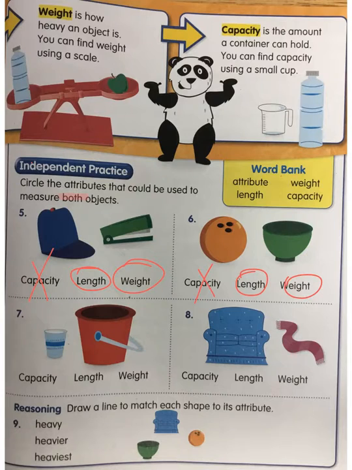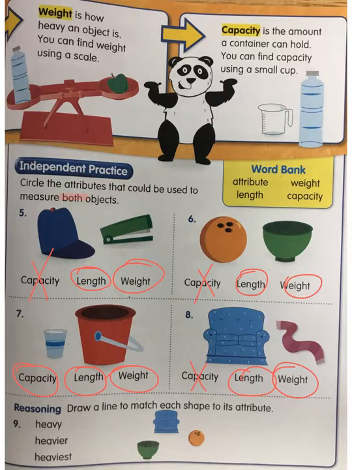A cup to drink out of and a pail. Well, I can measure how much something holds. I can measure its length and its weight. Number 8, capacity. No, I can't measure how much water something holds. A couch holds or a scarf. But I can measure both its length and its weight.